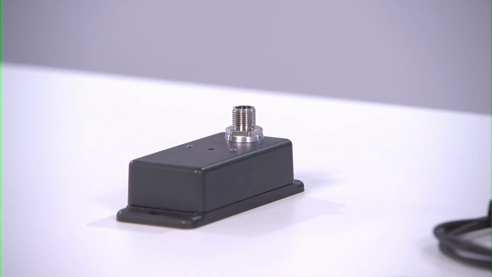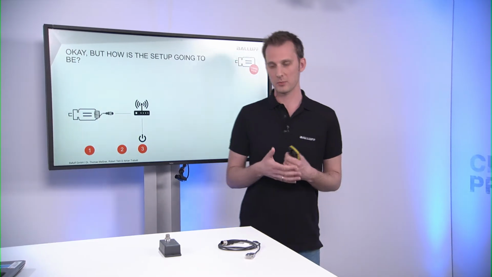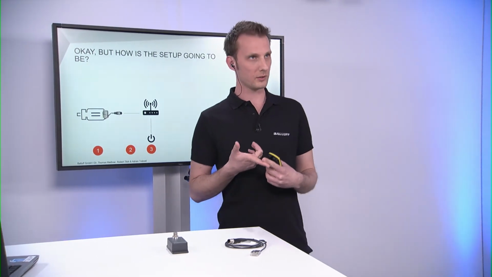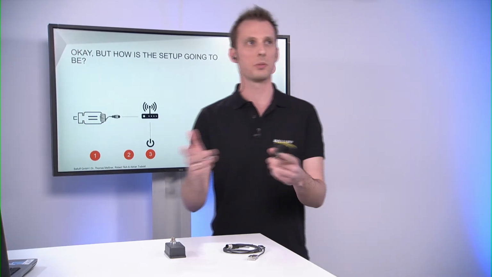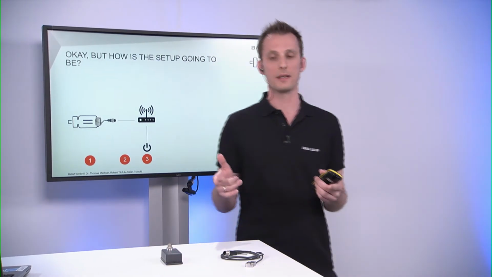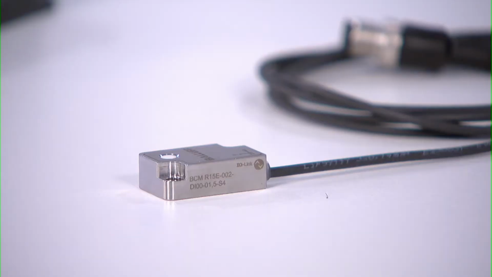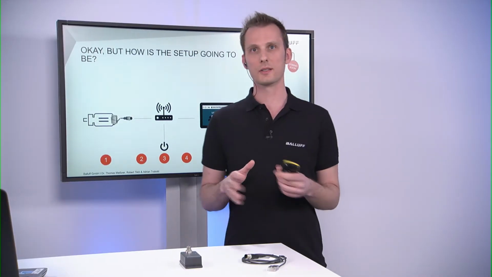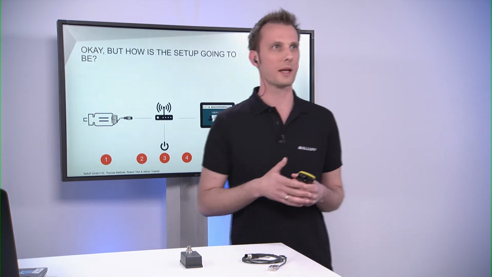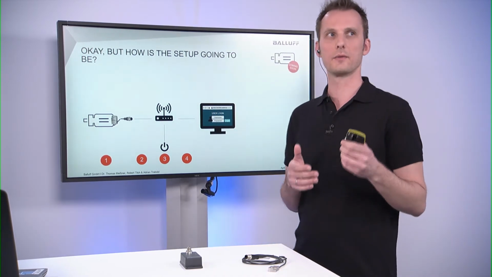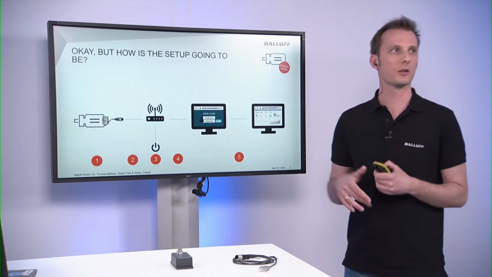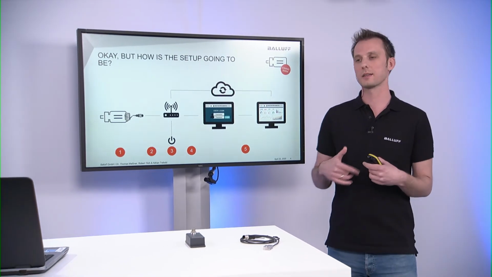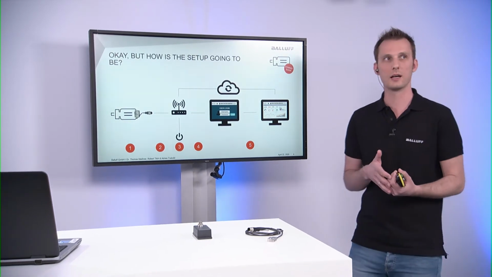The third is, of course, the data box needs some power supply, either with a 24-volt power supply, or you can even run it with batteries, so that you're completely autarkic and don't need a power cable there. The fourth step is to log into your system, to your platform. And the fifth step already is that you see your data in your dashboard. And all this is possible because the data are very easily transferred to the cloud.